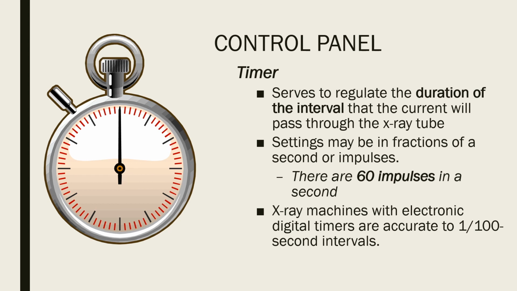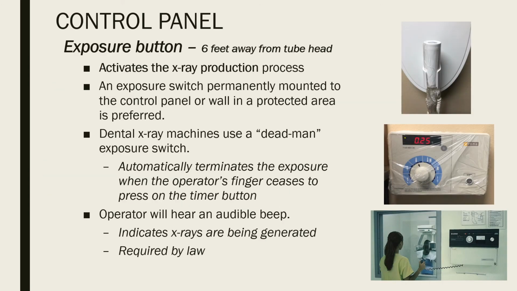And if a small patient is exposed longer, then it will produce more X-rays, the penetrating ability will be high, so the image that will be produced will be darker. Next, we have the exposure button.